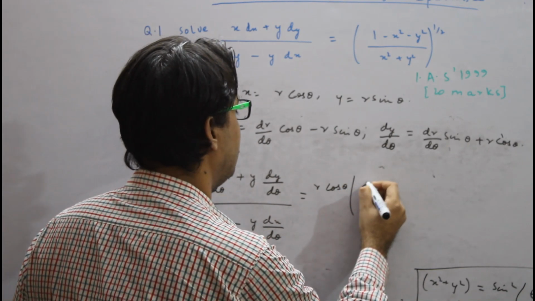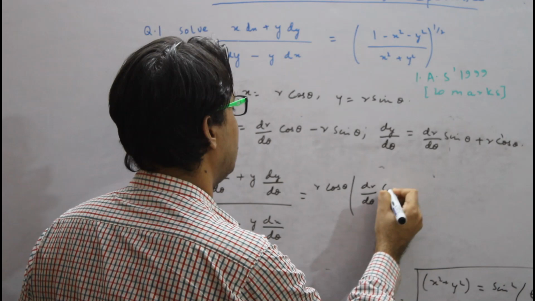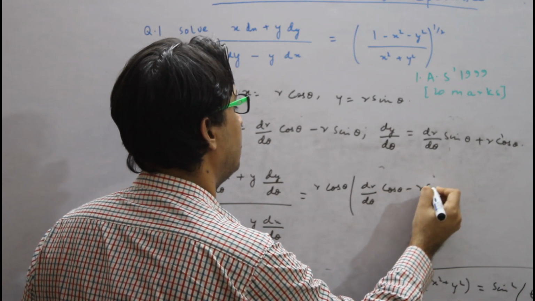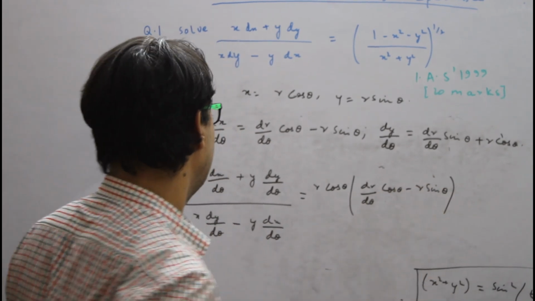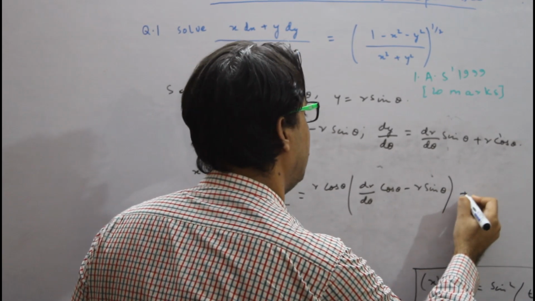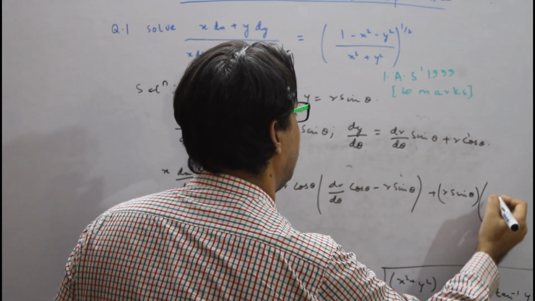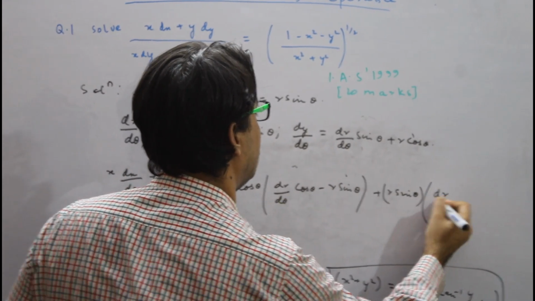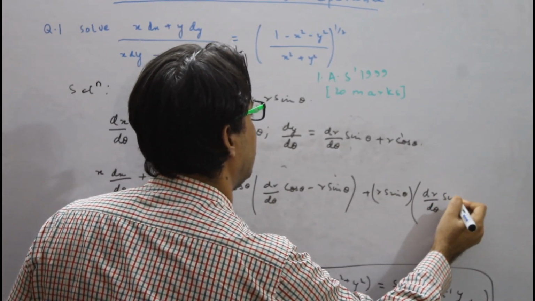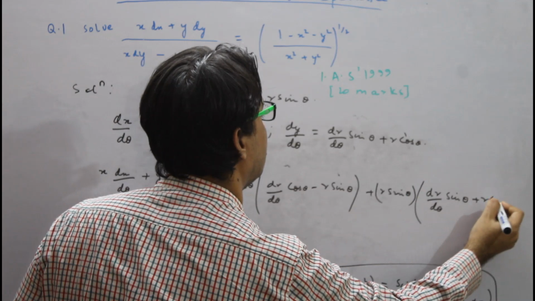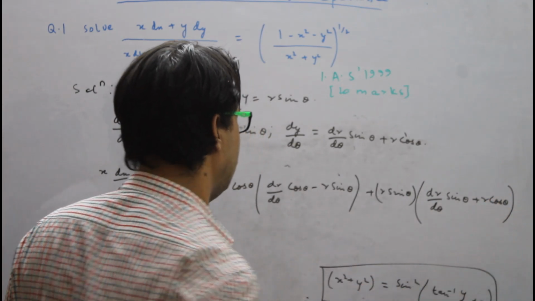We can copy it from here, that is dr by d theta cos theta minus r sin theta. And what is y? y is r sin theta, and dy by d theta is dr by d theta sin theta plus r cos theta.